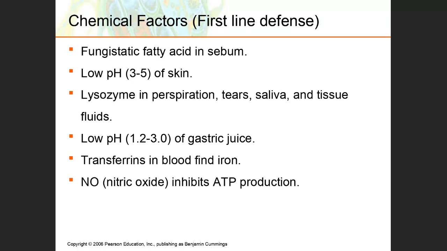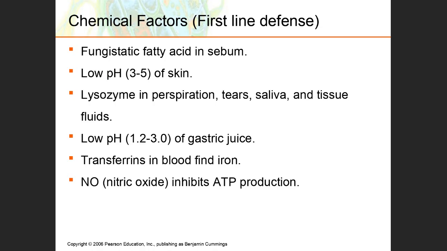I guess it inhibits growth of fungus. Yep, inhibits growth and reproduction of fungi. So not killing them, but stopping them from reproducing. And your skin actually has a fairly low pH, between 3 and 5.